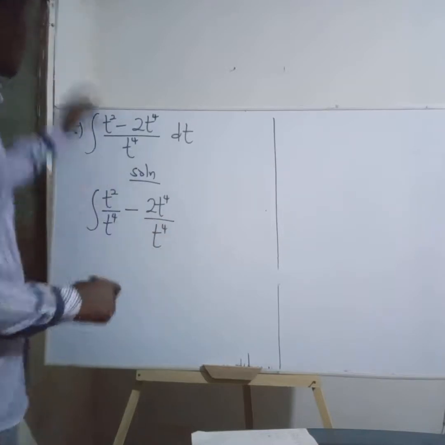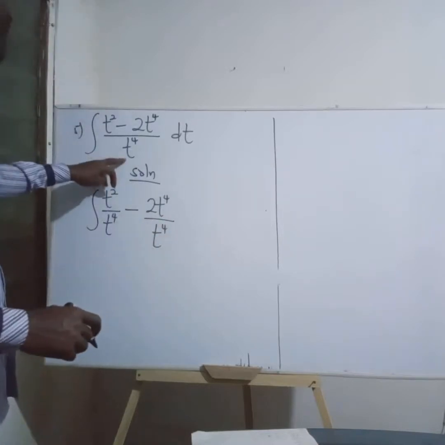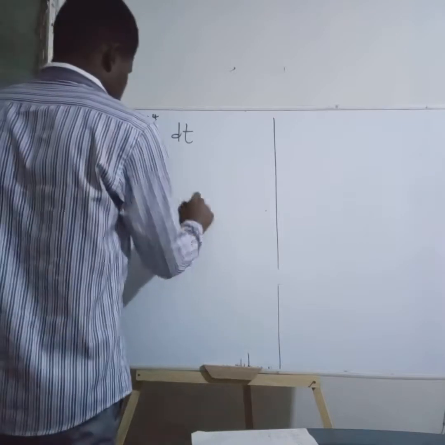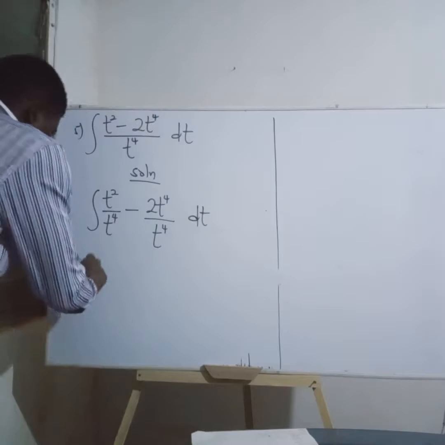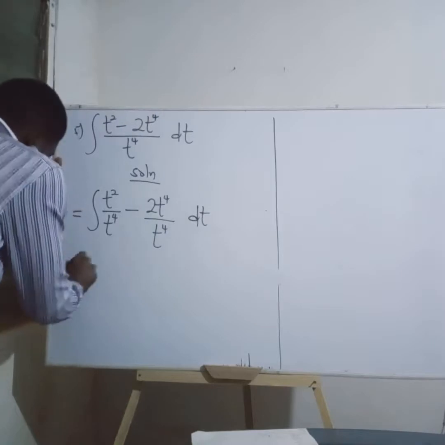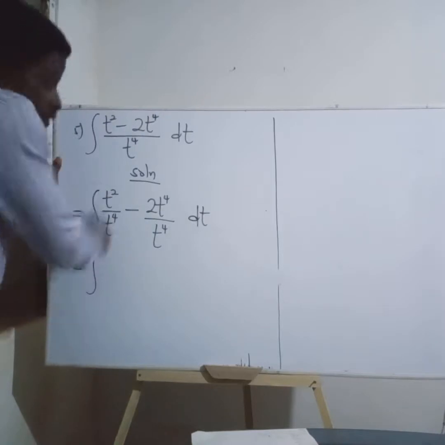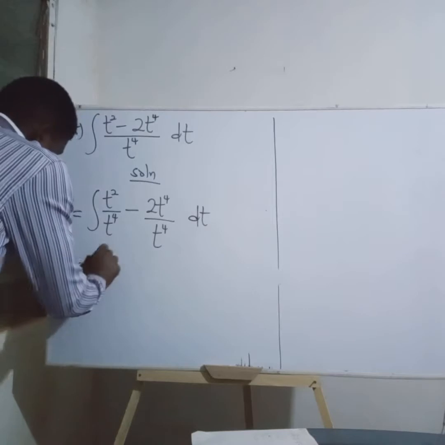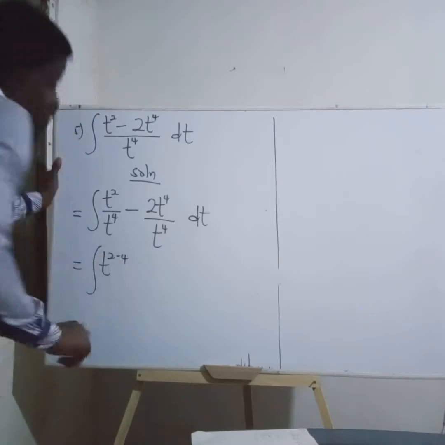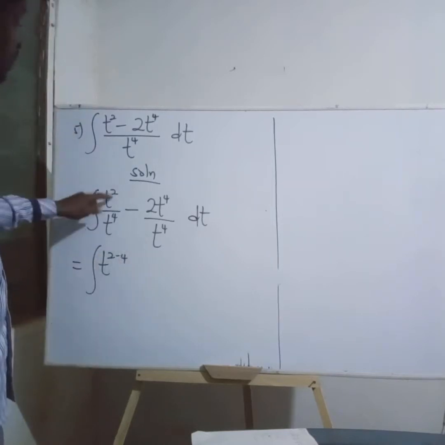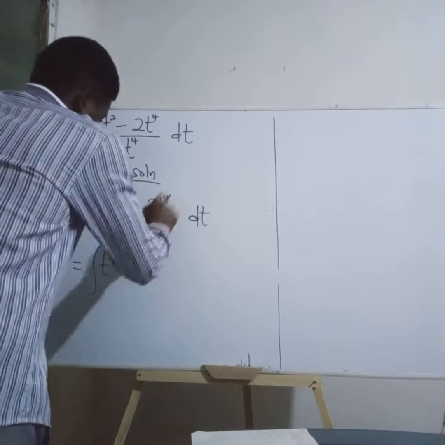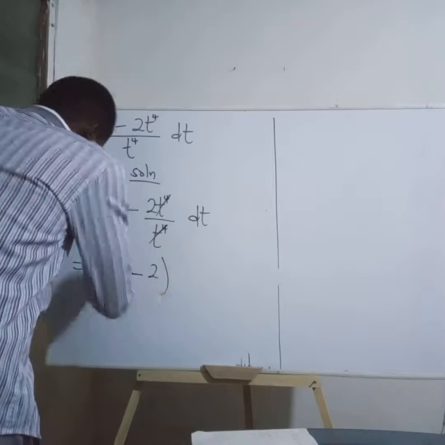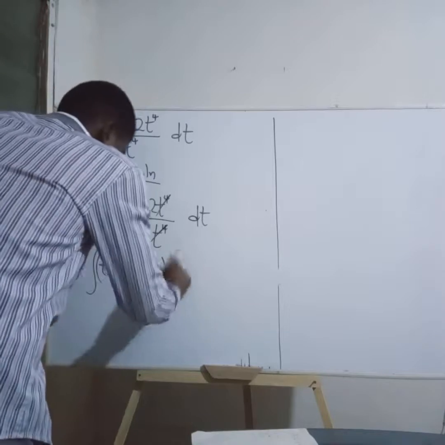So we just divide each of them by t to the power 4 dt. Here I can apply indices. Here I'll have t to the power 2 minus 4. When the bases are the same, you subtract the powers. Minus, you can take care of that, leaving minus 2 dt.